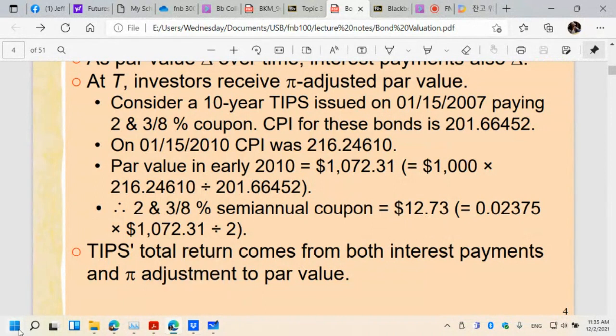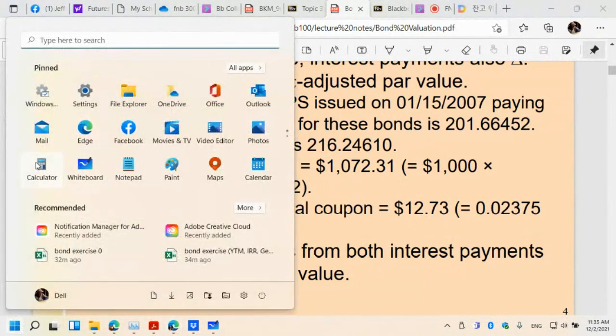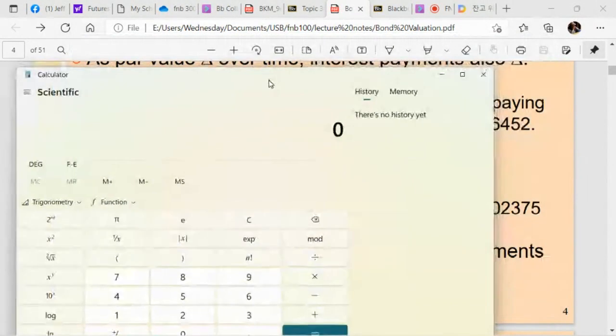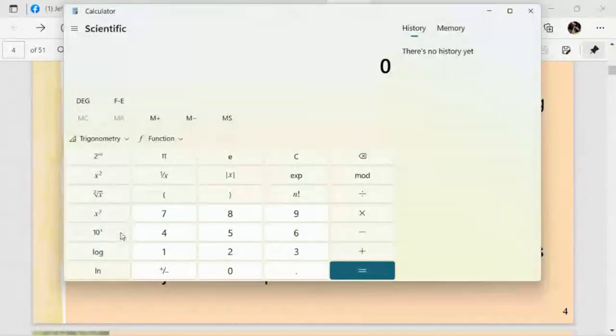Okay, so just to verify, let's double check. The CPI, first of all, 1,000 times.